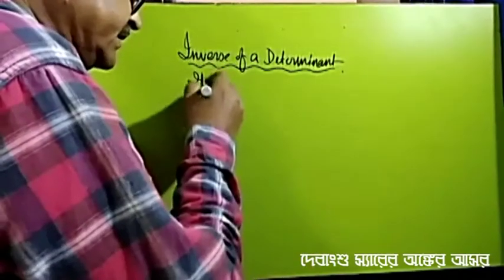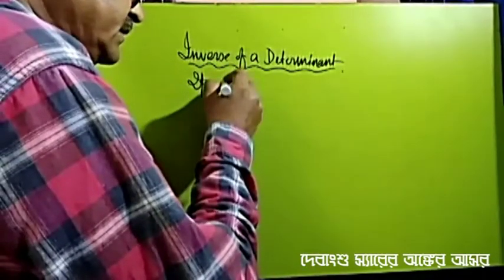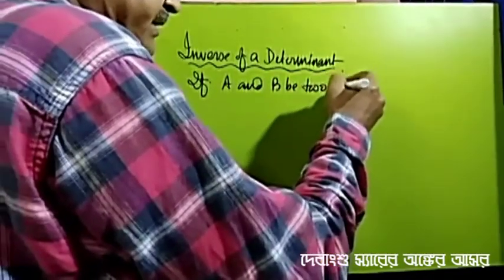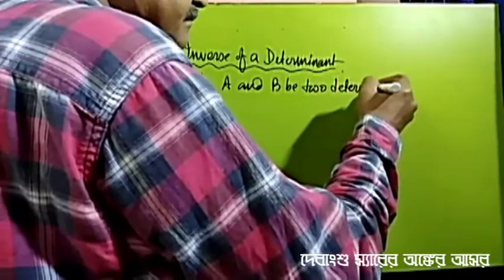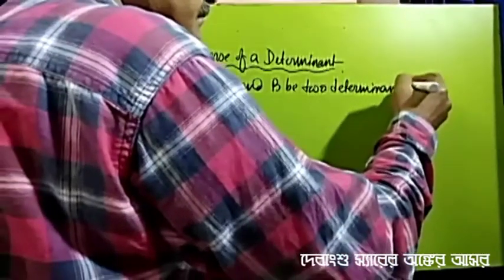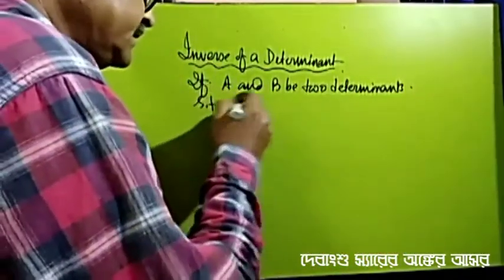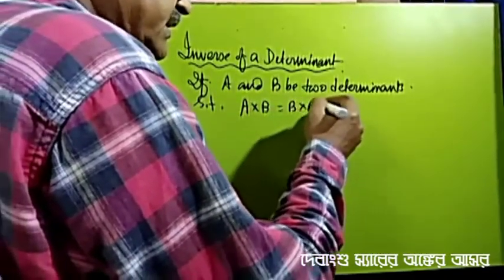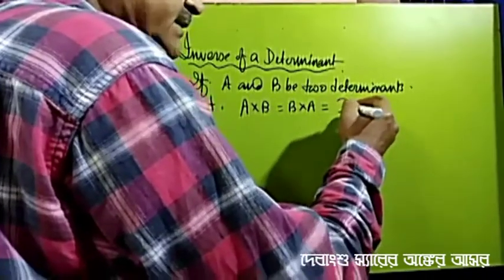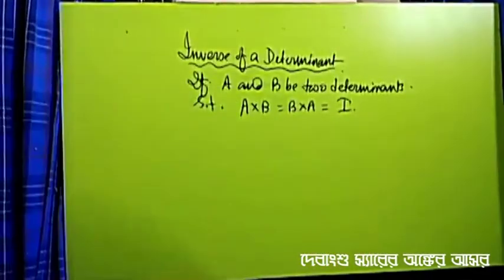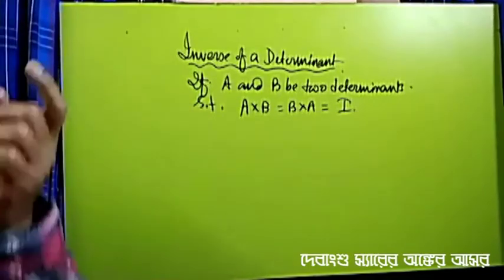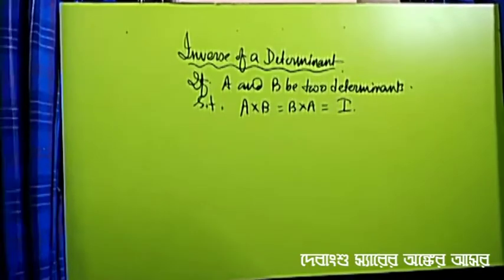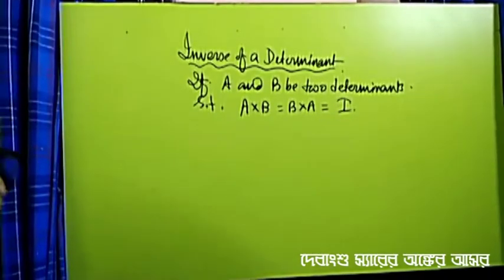By definition, if A and B are two determinants such that A into B is equal to B into A is equal to I, where I means the identity determinant of the order of A and B. If A and B are of second order, then it is I2. If A and B are third order, this is I3.